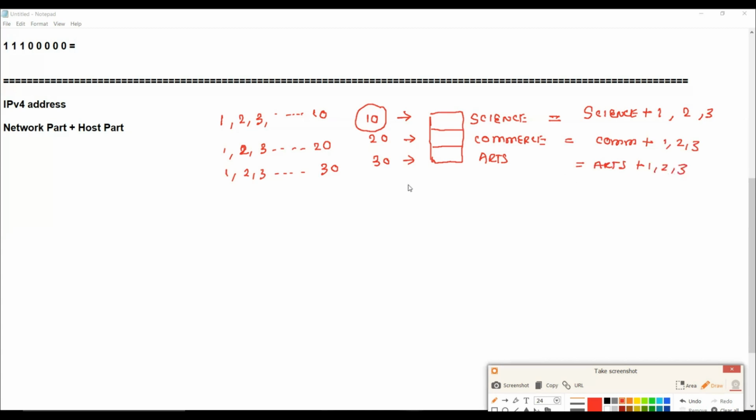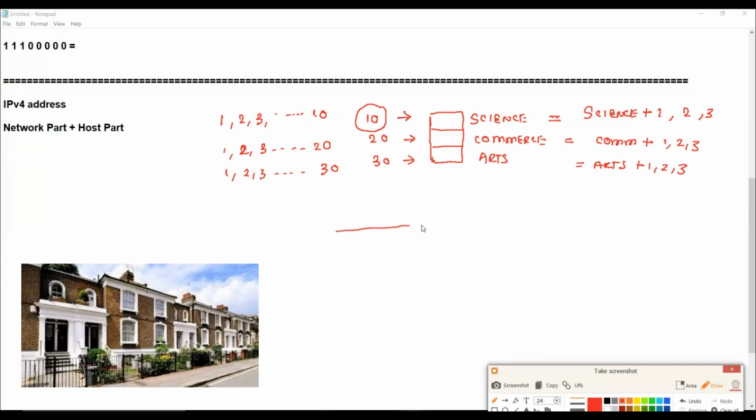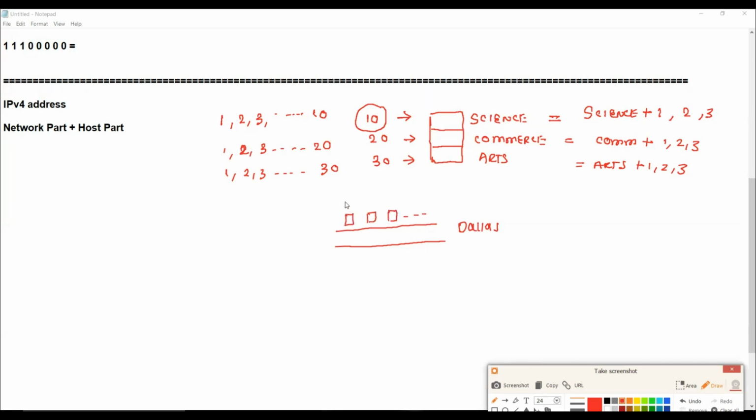The same concept again, I can relate with another example. Let's say we've got a street. Say there is a street in the UK, say it is Dallas. And say this particular street has some 10 houses. This is house number 100, this is house number 101, this is house number 201. Imagine that.